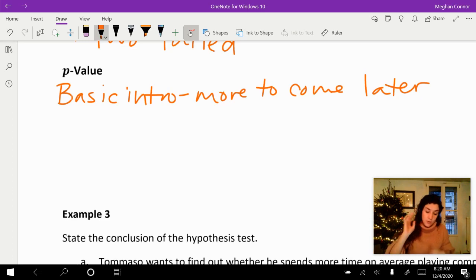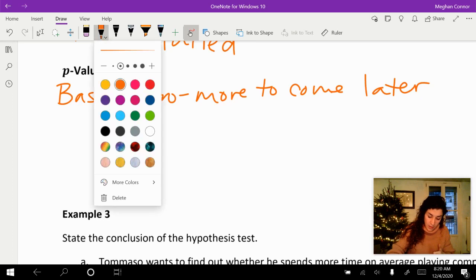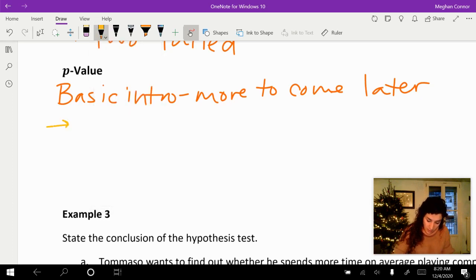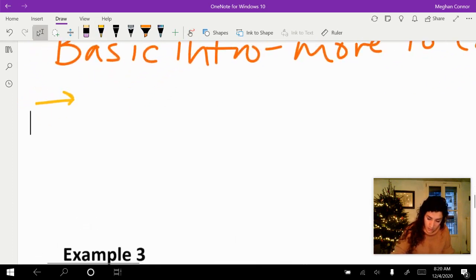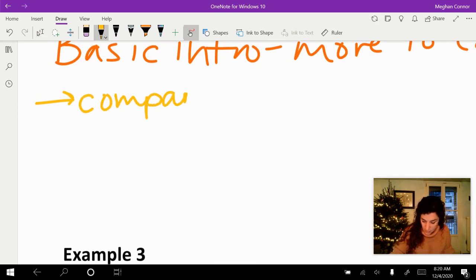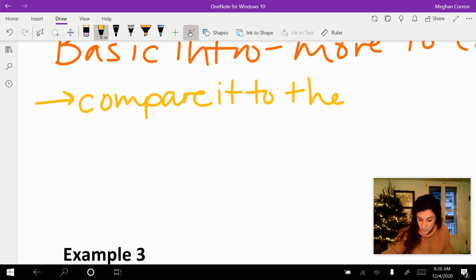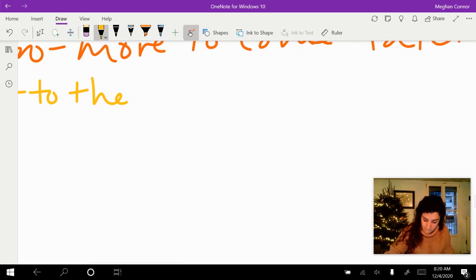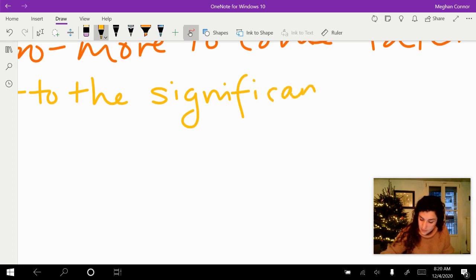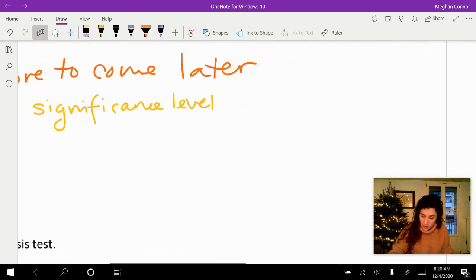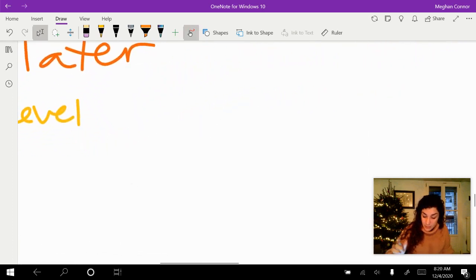Well, with the p-value, you compare it to the significance level. The significance level is represented as a percentage.